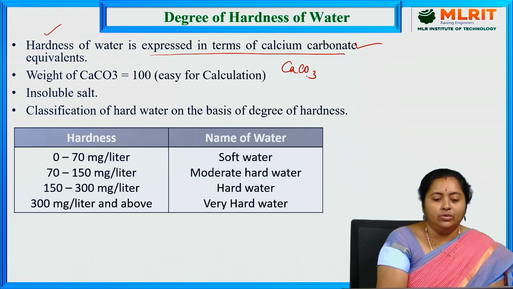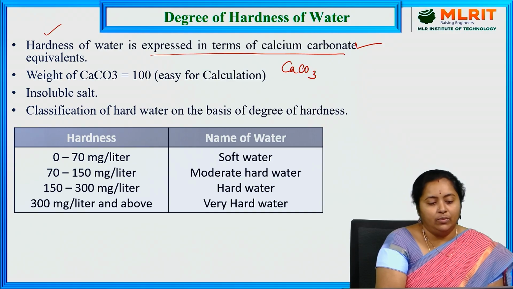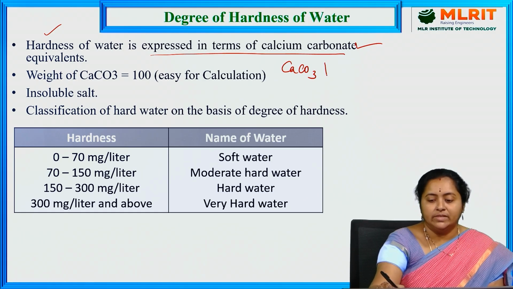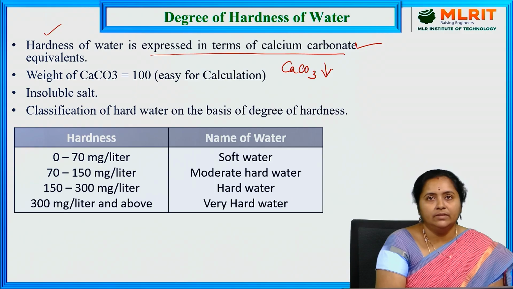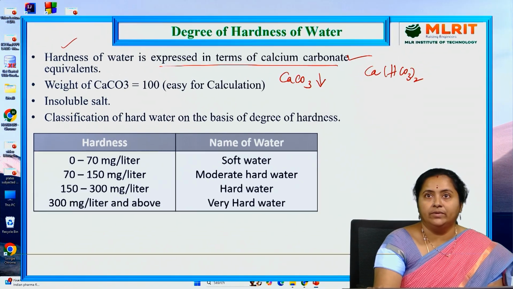If you notice the reaction involved when a water sample having temporary hardness is subjected to boiling, it is able to convert into the corresponding CaCO3 insoluble precipitation. That means temporary hardness is purely due to calcium as well as magnesium bicarbonate.